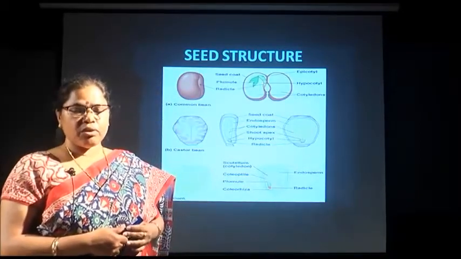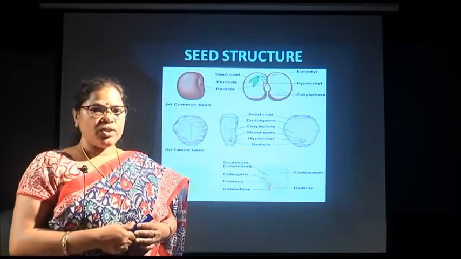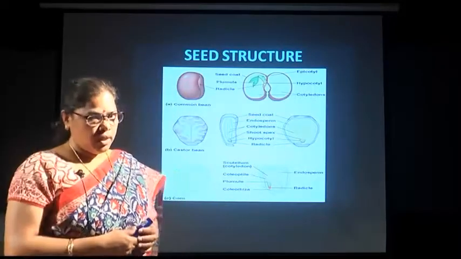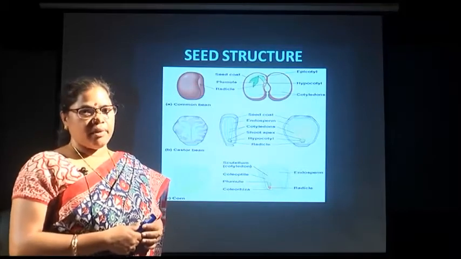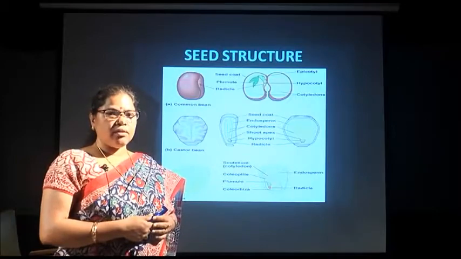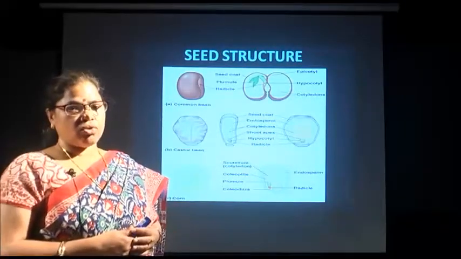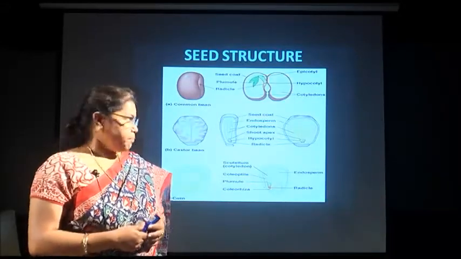The female reproductive structure, or the pistil, has the ovary inside it, which after pollination and fertilization matures into a fruit. Similarly, the ovules present inside the ovary mature into seeds. So before going to the detail of seed germination, we should know the structures present inside a seed.